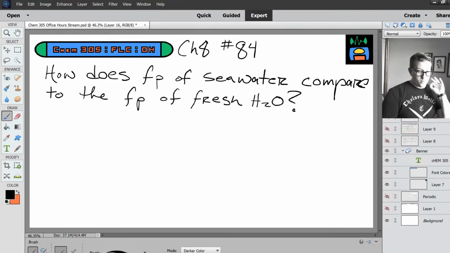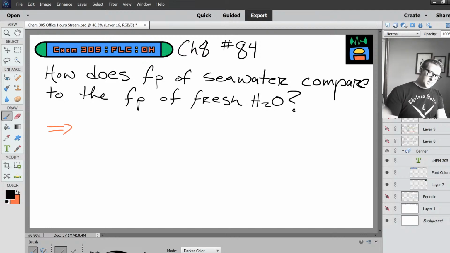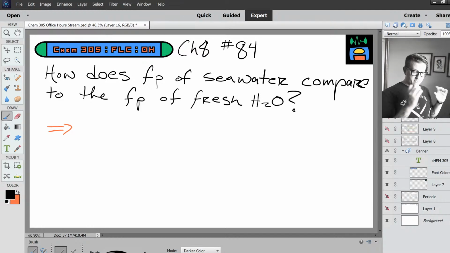All right, now, with these types of problems, these colligative property type problems, there's two things you want to remember. Adding a solute changes the physical properties of the solution. They will be different than the physical properties of the pure solvent.